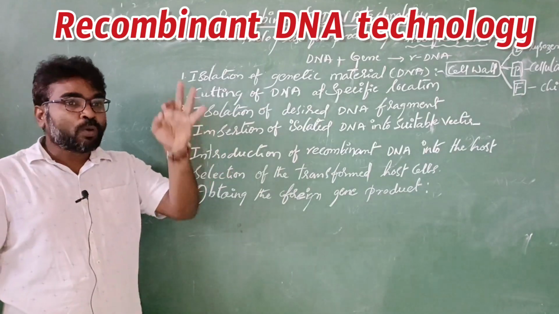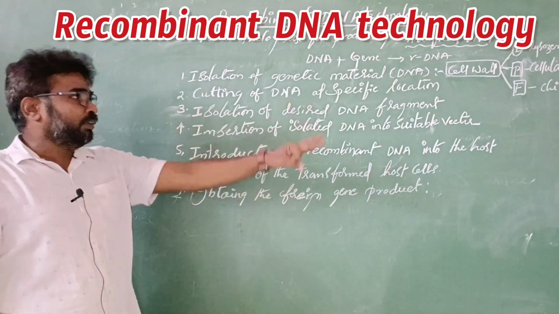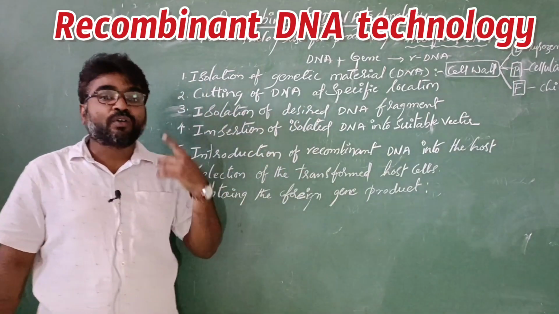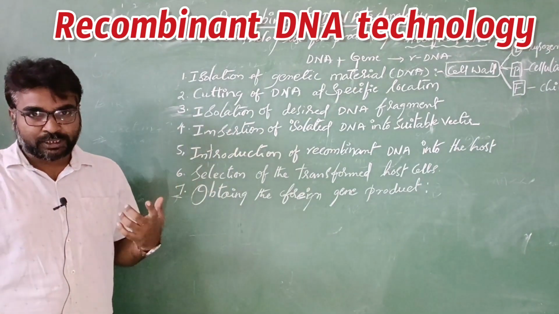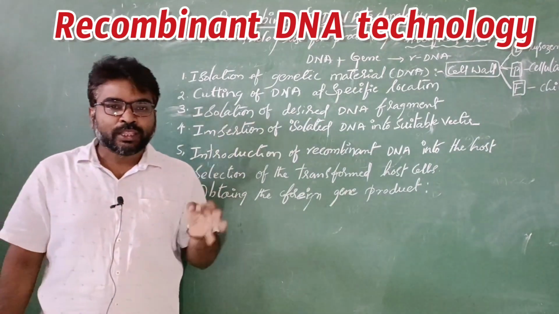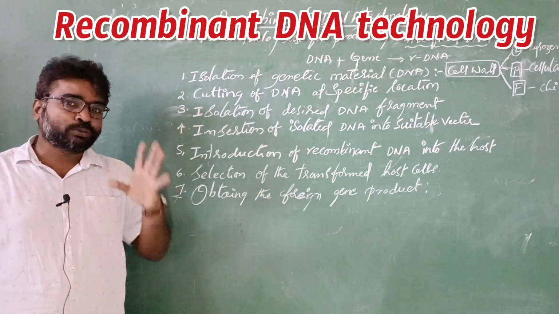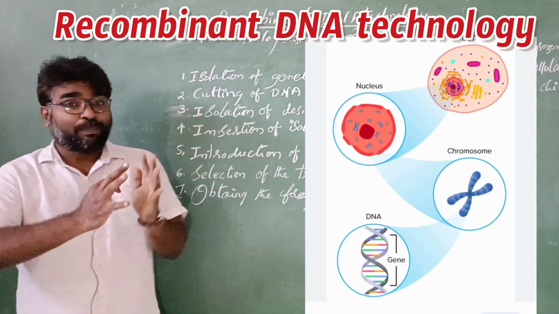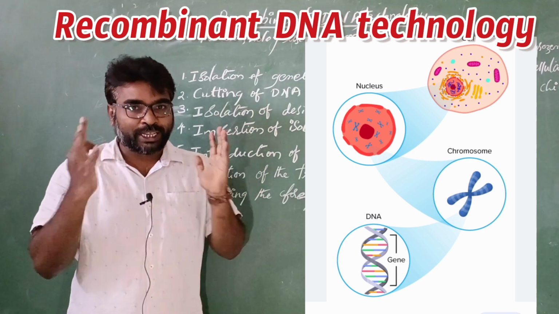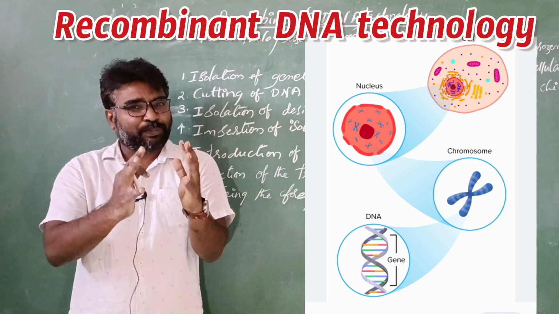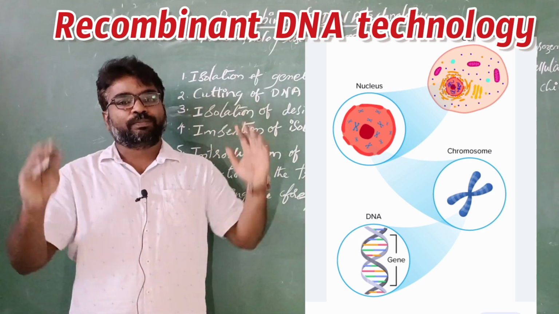Let us see one by one. Number one, first we have to learn where the DNA is present. Everyone knows the DNA is present in chromosomes. The chromosomes are present inside the nucleus. The nucleus is present inside the cell.